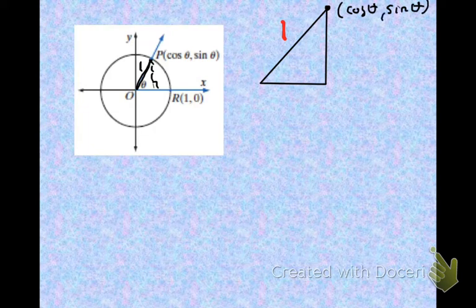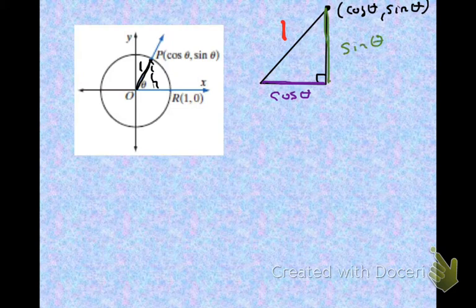We already know that as well. If you're looking at this triangle, the distance that you're going over is your x value, which is cosine theta. The distance that you're going up is your y value, which is sine theta.